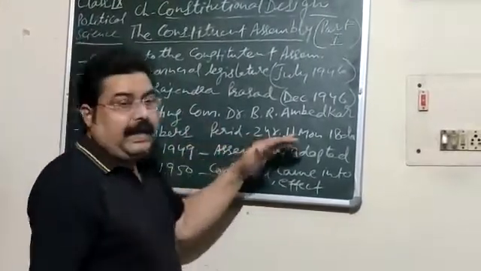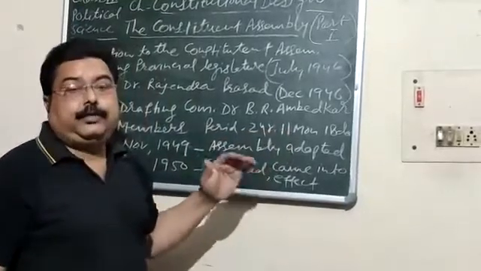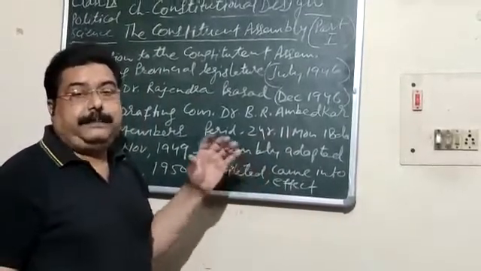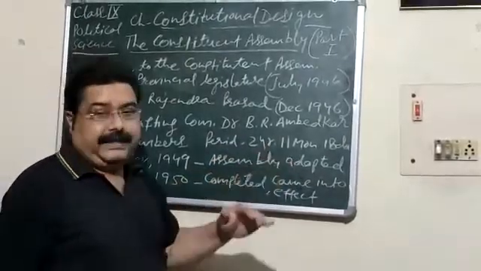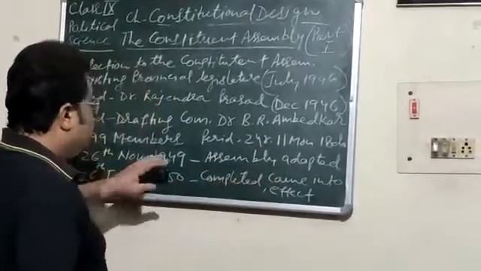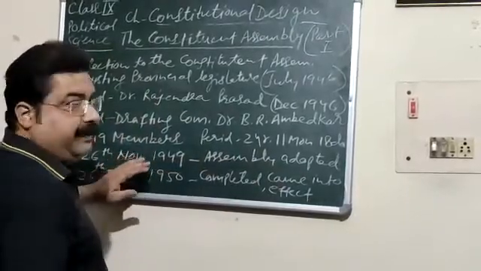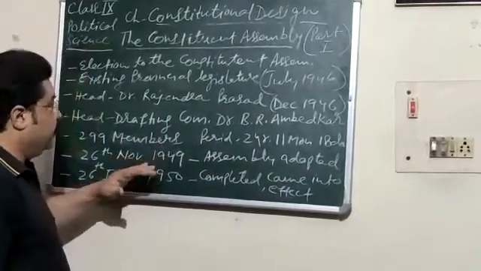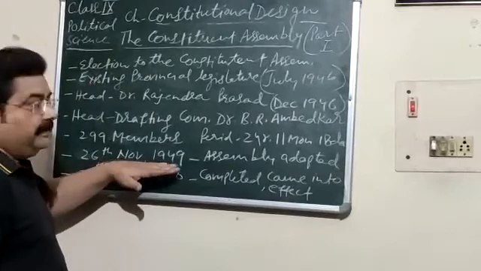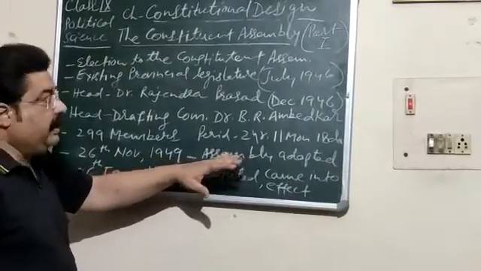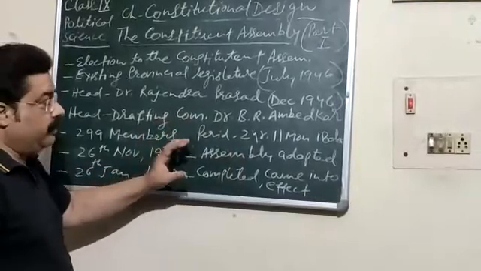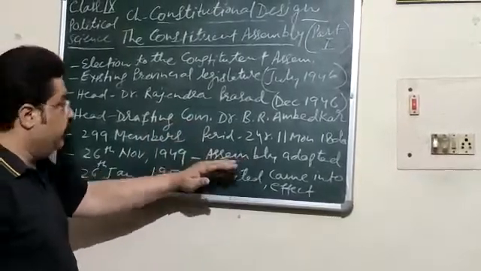How much time was taken to form the Constitution of India? That was around 2 years, 11 months and 18 days. The first important date is 26 November 1949, when the Constituent Assembly mostly completed the work of the formation of the Constitution and adopted it.